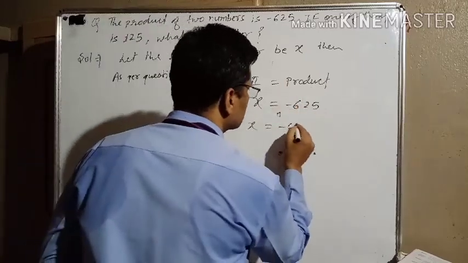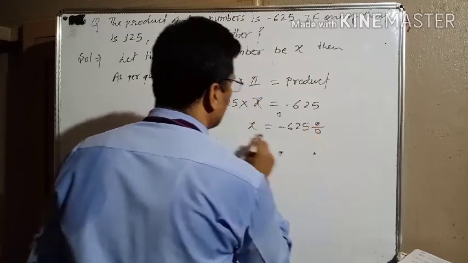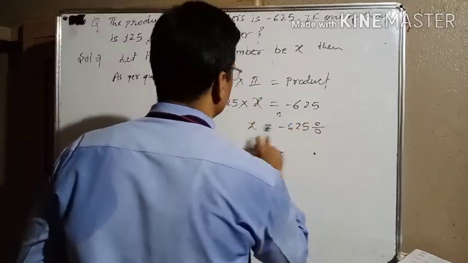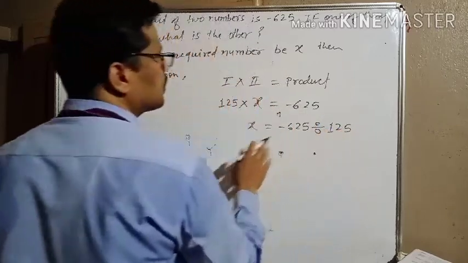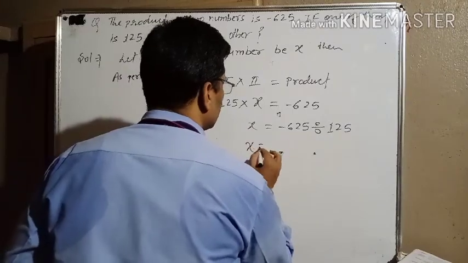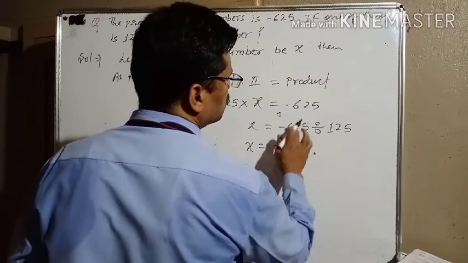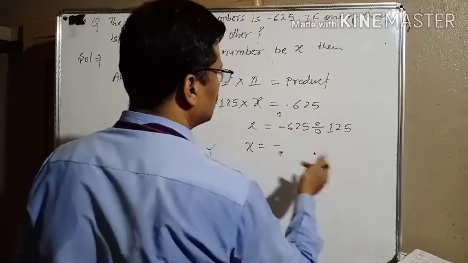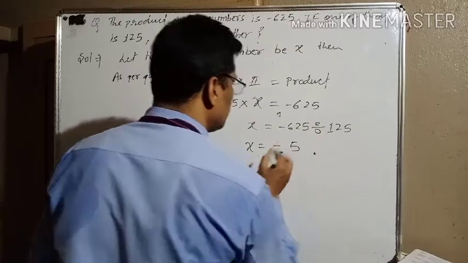So minus 625, and here which sign we have to place? Division sign. And this number will come here, 125. Now minus 625 divided by 125. So what we get here? Minus, plus, minus. When you divide this, 125 5s are 625. So what do we get as the answer? 5.